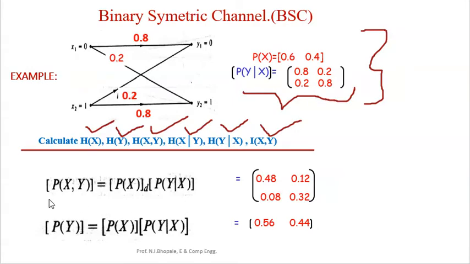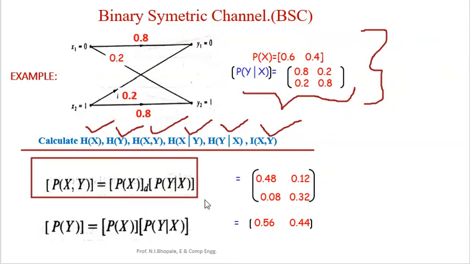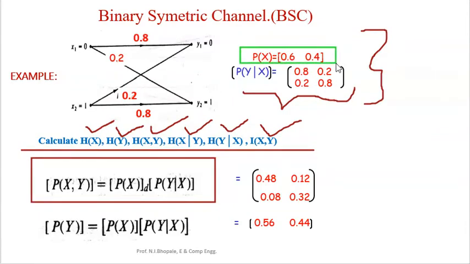We have the identity for p of xy, that is the joint probability. How to calculate the joint probability? With respect to the formula, p of x into p of y given x. If we have p of x, we multiply its first element 0.6 with 0.8, which is 0.48.